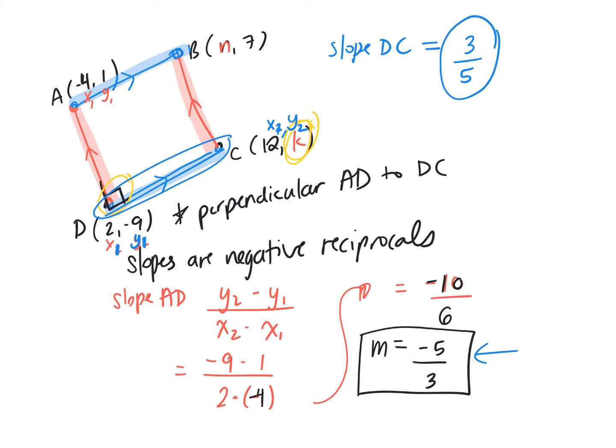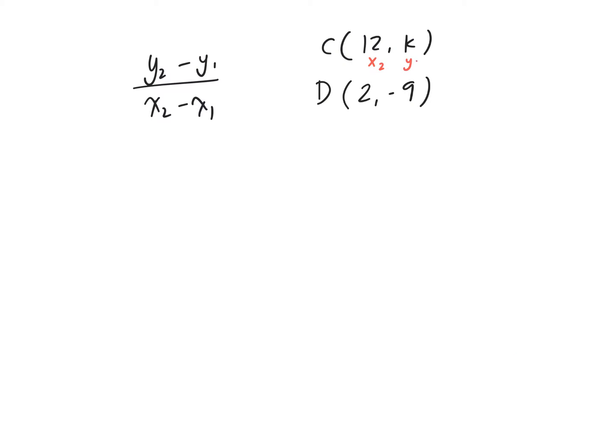But for y2, you're going to write the variable k. We don't know what y2 is. So do that now. I'm going to call this x2, y2, and x1, y1. I know that the slope is equal to 3 over 5, because it has to be perpendicular to the other slope.